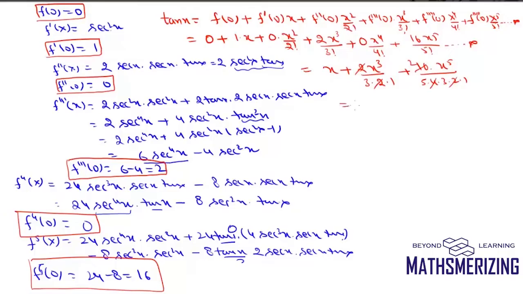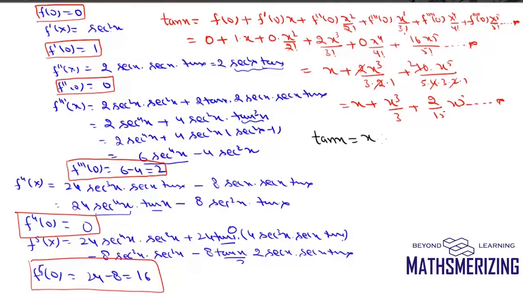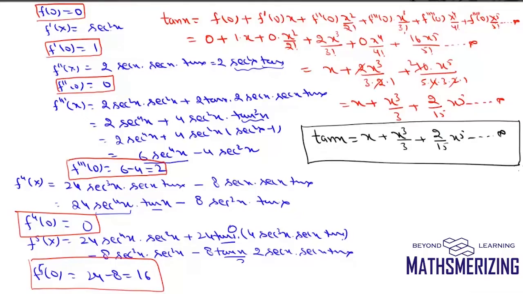So I'll get the series as x plus x cubed by 3 plus 2 by 15 x to the power 5, and it goes up to infinity. So from this Maclaurin series we can say that the function tan x can be approximated as x plus x cube upon 3 plus 2 by 15 x to the power 5 up to infinity. So this is how we get the series expansion of tan x.